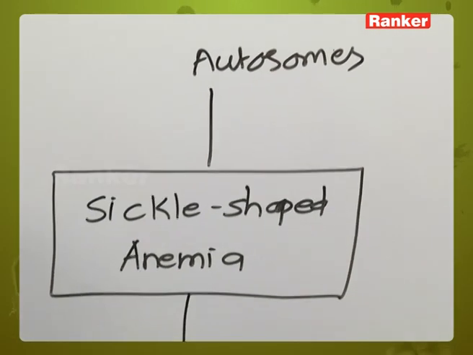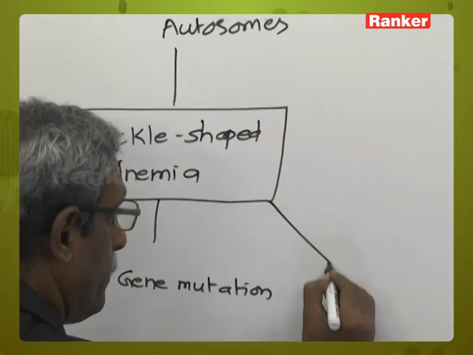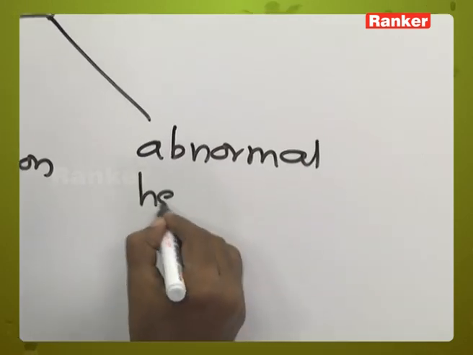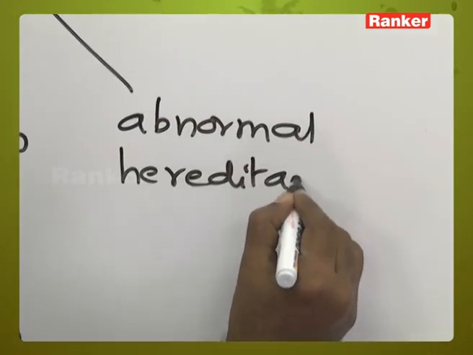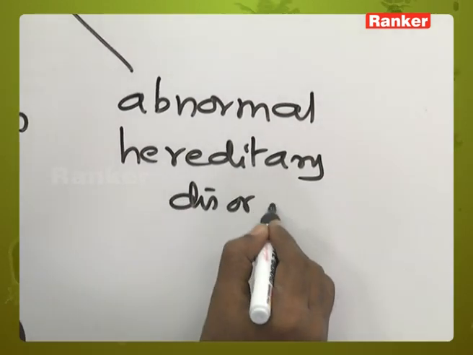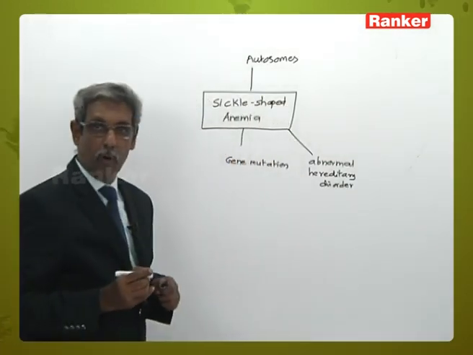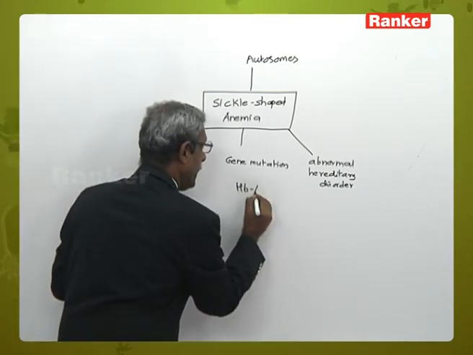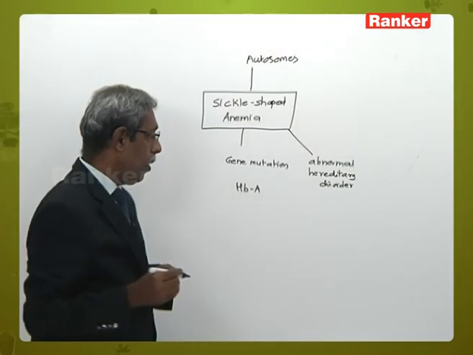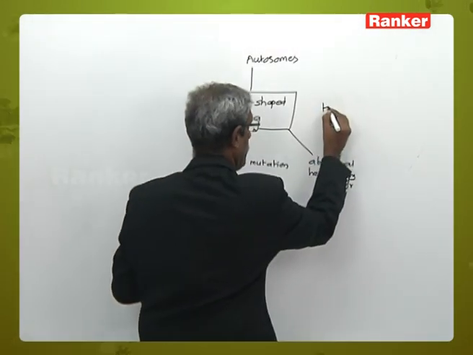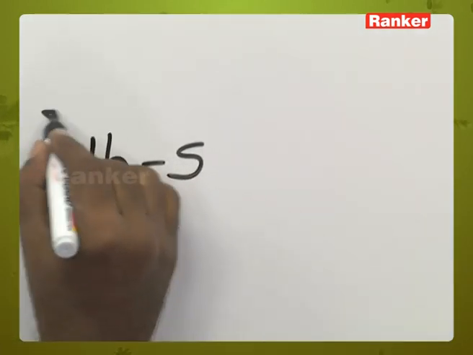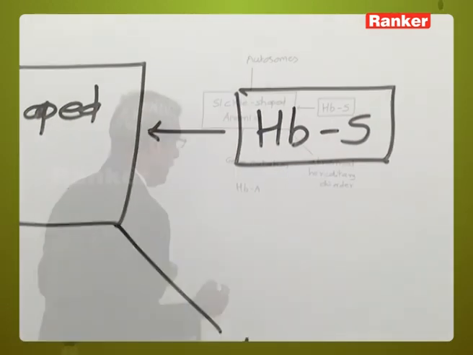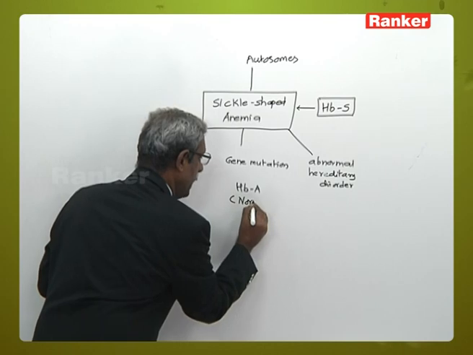And sickle-shaped anemia is an abnormal hereditary disorder wherein instead of the standard HbA, hemoglobin A, a variation or an abnormal hemoglobin gets formed, which is termed as HbS. HbS is an indication of sickle-shaped anemia, and the normal condition is HbA.